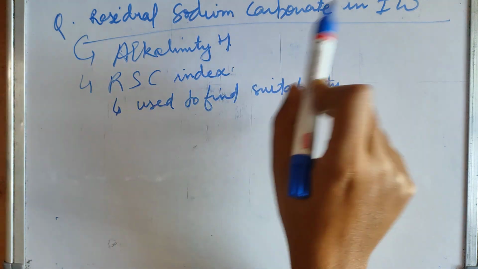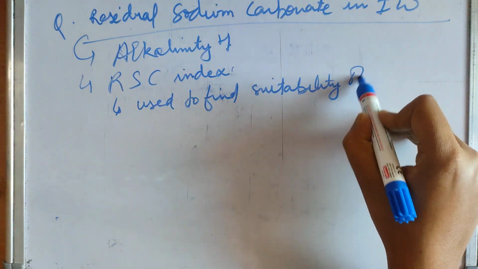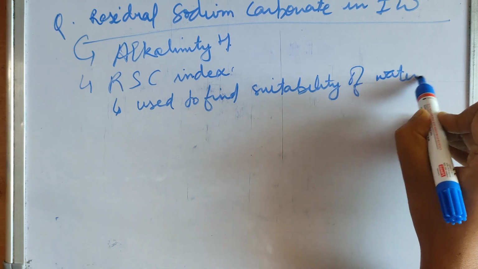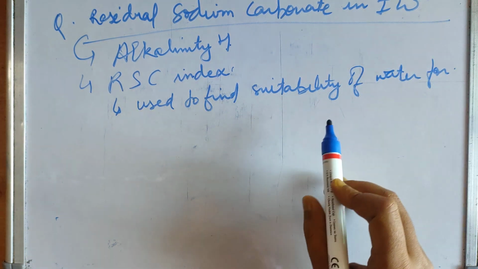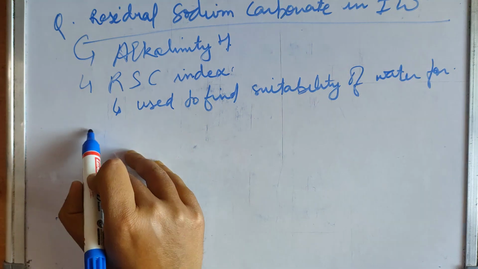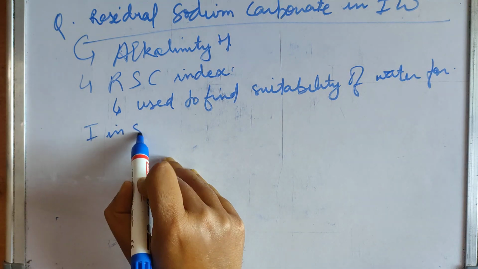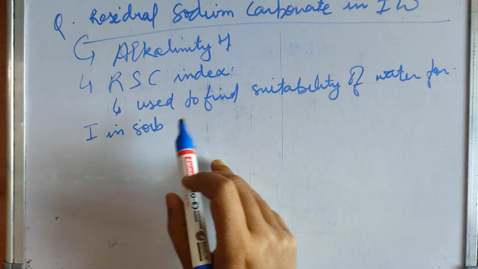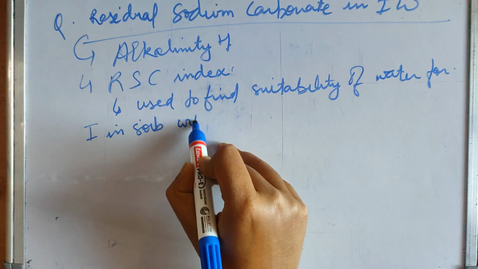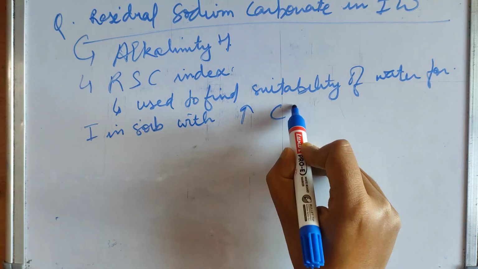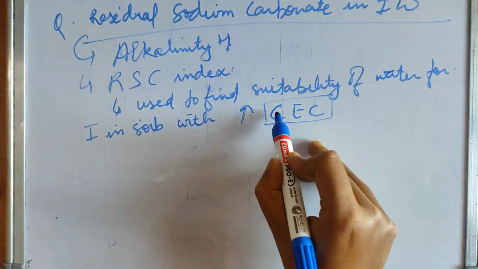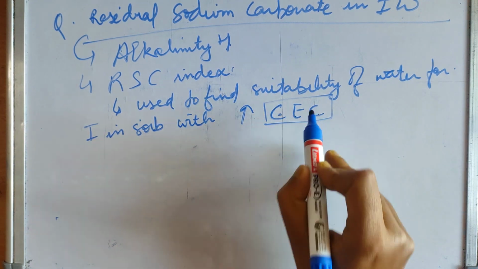Here you can also explain some points of alkalinity hazard. For irrigation in soils with high cation exchange capacity, CEC.